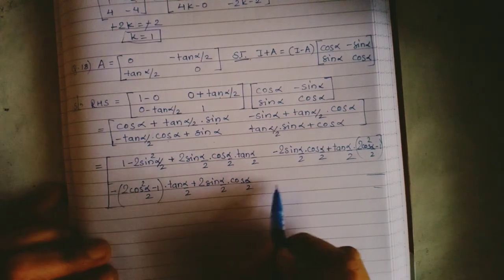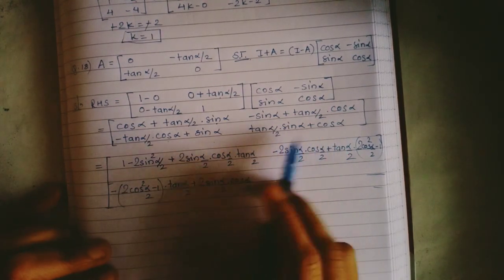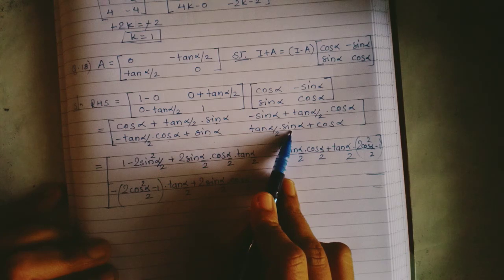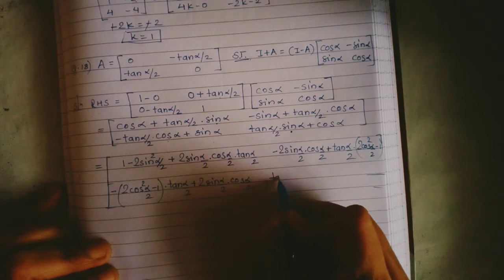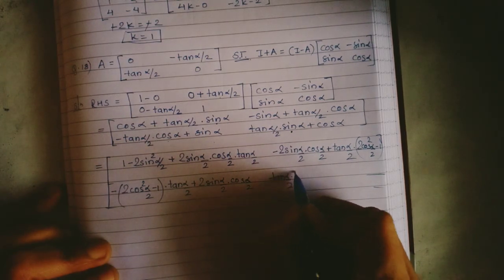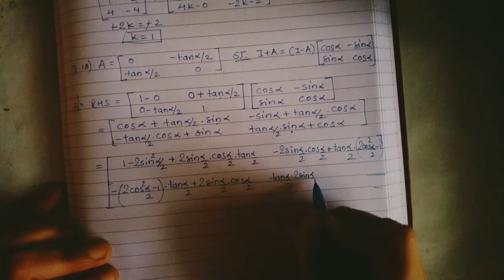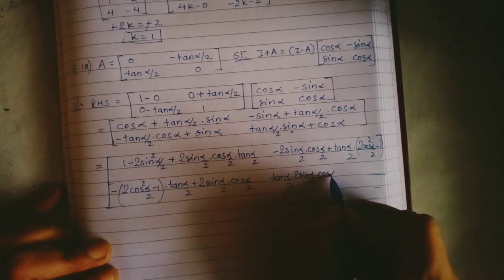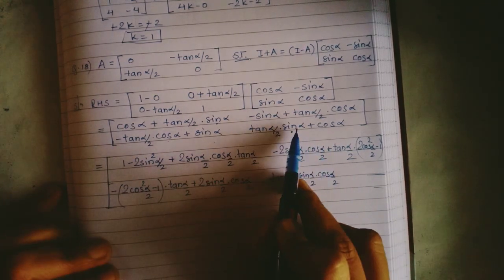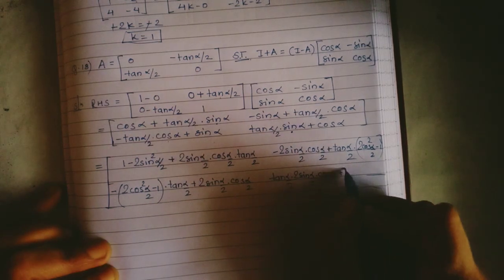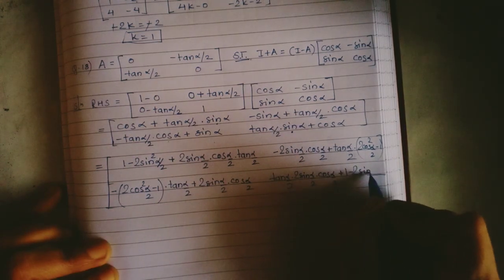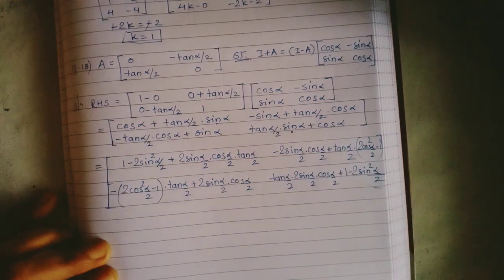Next is fourth thing, that is you have to substitute here sin alpha. Sin alpha is 2 sin alpha by 2 into cos alpha by 2. And plus cos alpha you can write 1 minus 2 sin square alpha by 2.